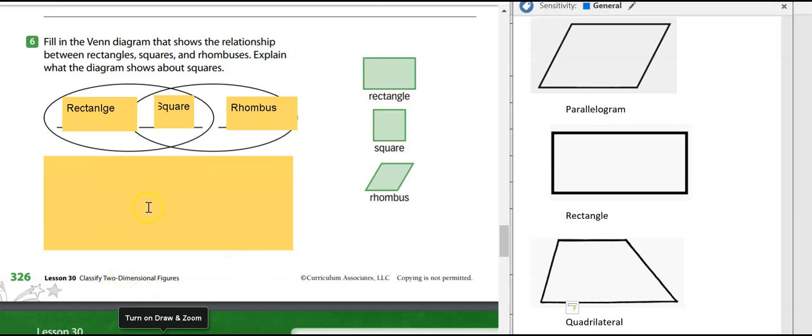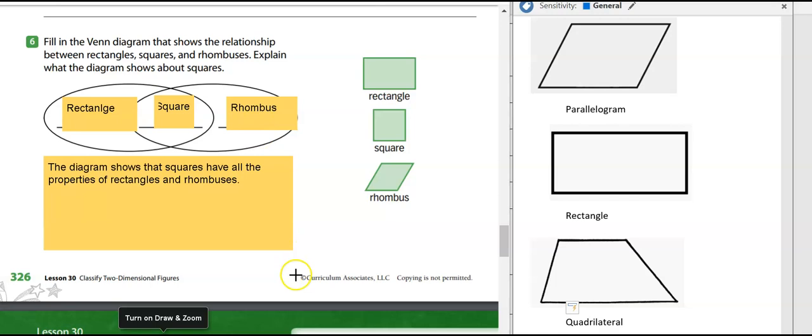Now in your own words, you're going to explain our Venn diagram. So go ahead and press pause and explain in your own words. So my diagram shows that squares have all the properties of rectangles and rhombuses. So I see that my square has all the properties of a rectangle and rhombus.